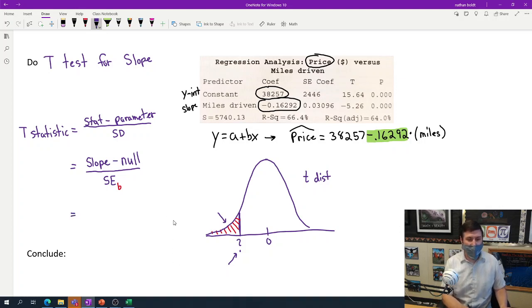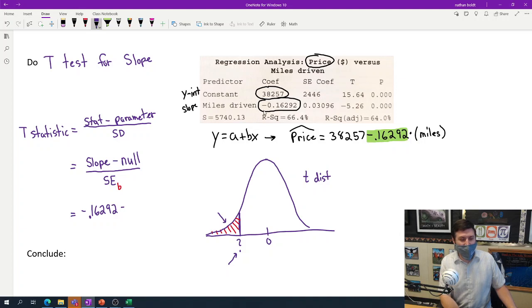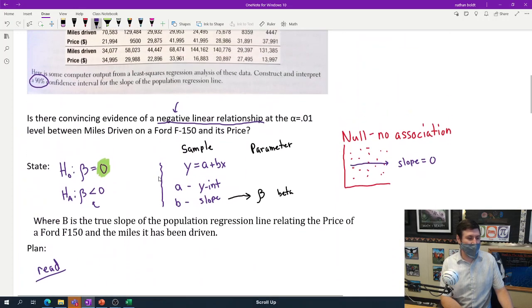So the slope is negative 0.16292, which, those of you who watched the video, did you see my screw up in the video? I messed up in the confidence interval there. I forgot the negative when I did this problem for the confidence interval. Oops, happens to the best of us. Let's see, our null hypothesis. What's our null? Right here.